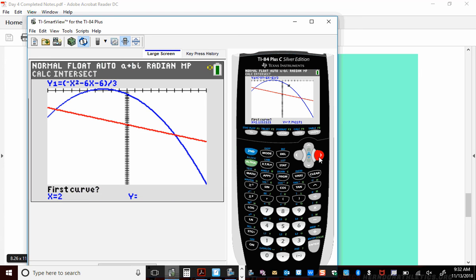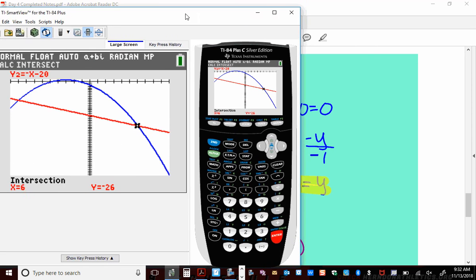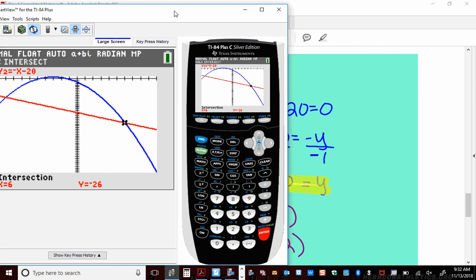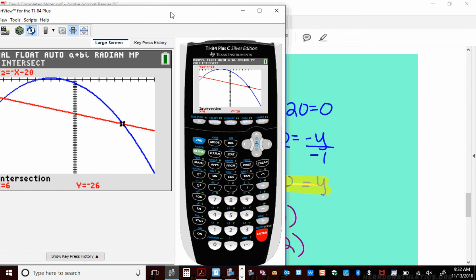This must be the -22. And then I hit enter. Oh, this is 6, -26. So my numbers are wrong. This should be 9, 11, and 6, -26.